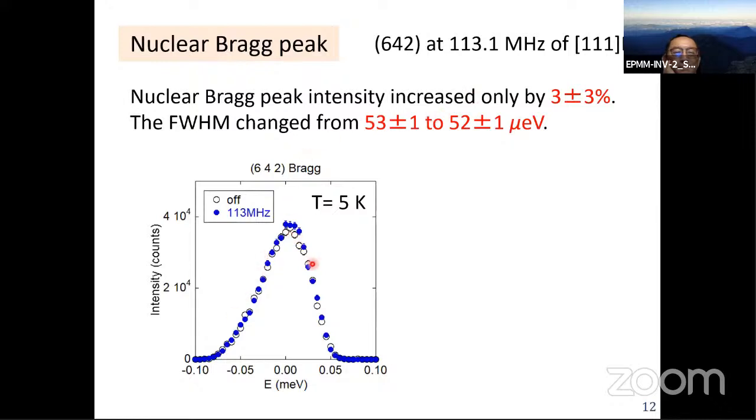As you see, the nuclear Bragg peak doesn't change so much by ultrasound injection. The estimated increase of 3% is within the error, and the width also doesn't change. So the induced change by ultrasound injection can be attributed to a magnetic effect.